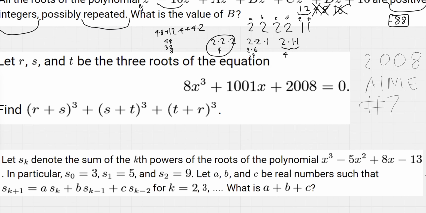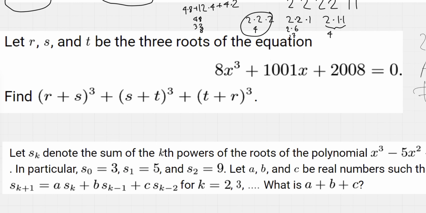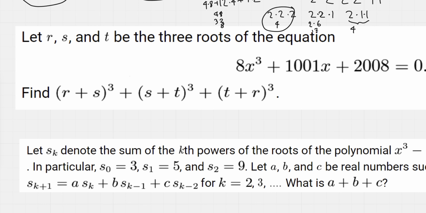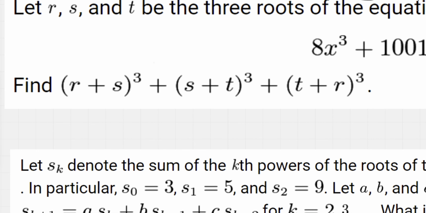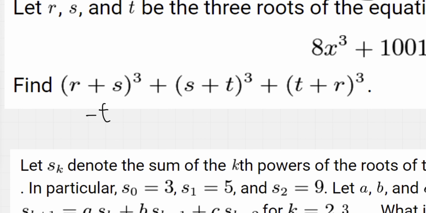So first that looks rather daunting, but you can realize that R plus S is the sum of the roots but missing a term. So you have the sum of the roots minus T. It's just kind of confusing. Let's just add a V for sum.